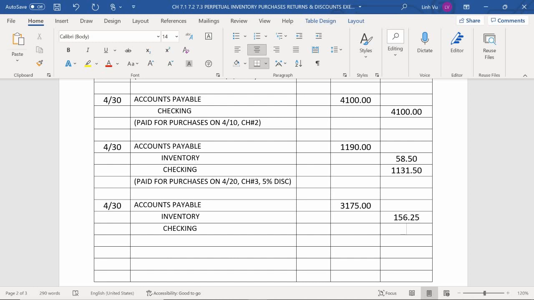So in this case, how much am I going to write my check out for? $3,018.75.